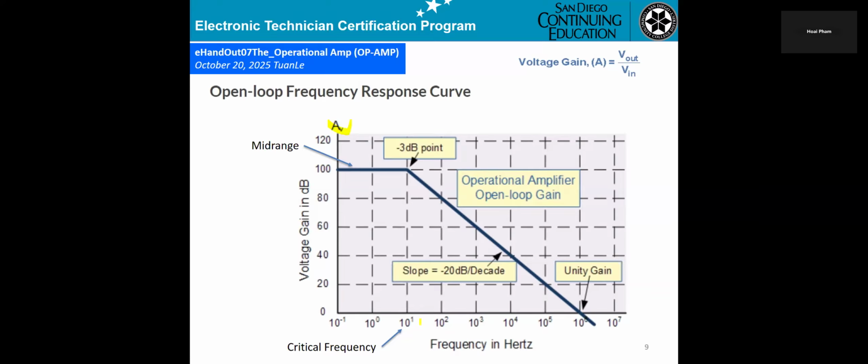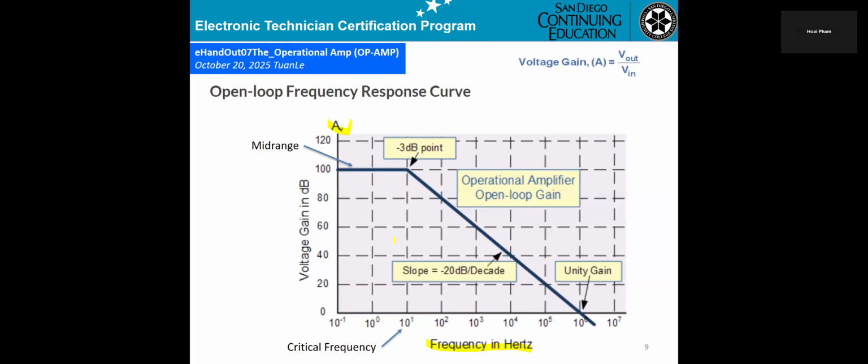And on the right, going to the right, that will be the frequency varying in hertz. So at the signal DC, that means no frequency, if you go up, you can see the gain will be 100 dB, decibel. And at frequency 10 power of 0 equal 1 hertz, the gain is still 100 dB.